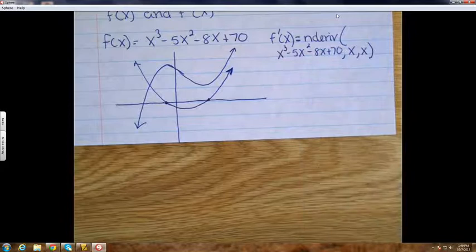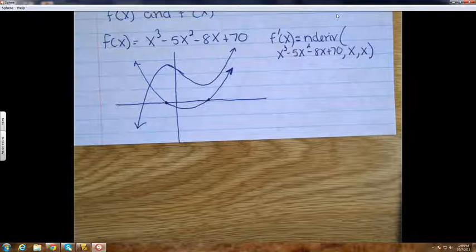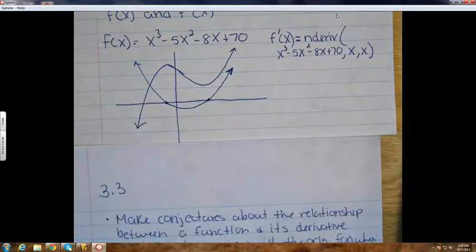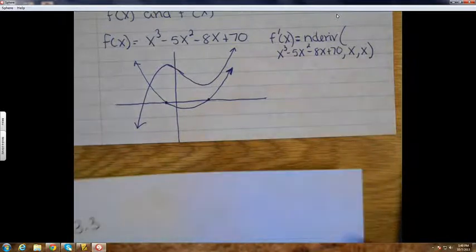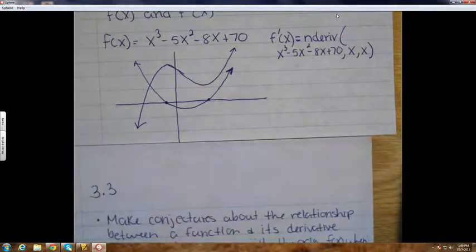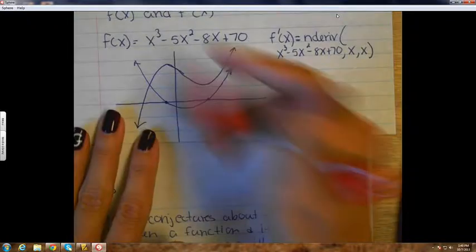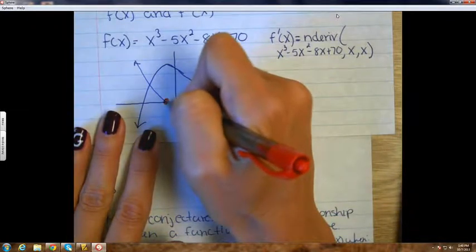Now, I wanted you to be able to tell me 3 things at the beginning of the notes here. Let's see, where are they? What's happening on the original function when the derivative is negative, when the derivative is positive, and when the derivative equals 0. So let's take a look at the zeros first. Grab another color. The derivative equals 0 here and here.